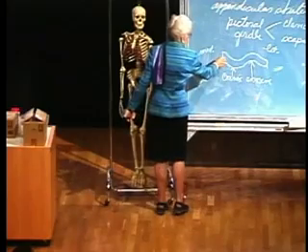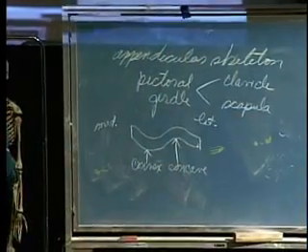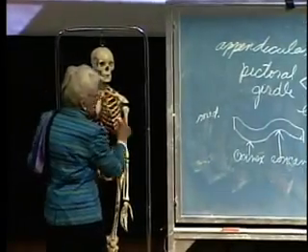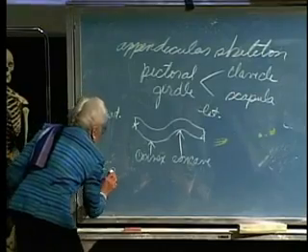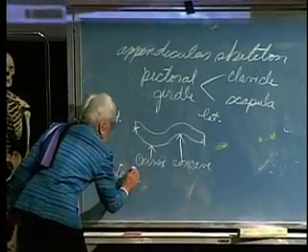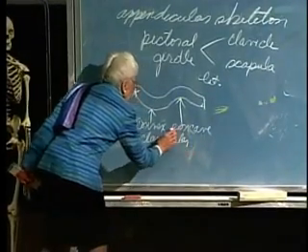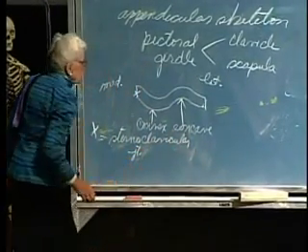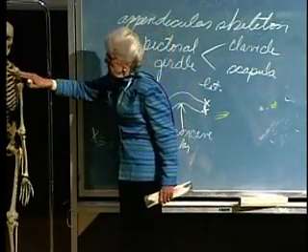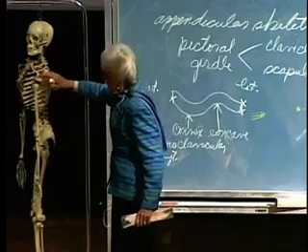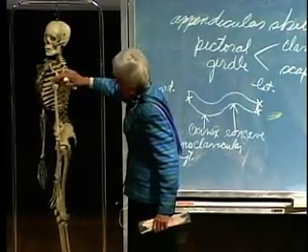So this medial articulation will be the sternoclavicular joint. And laterally, we're going to have the acromioclavicular joint, or the clavicular acromial, we can call it.